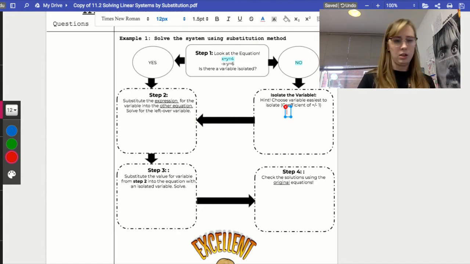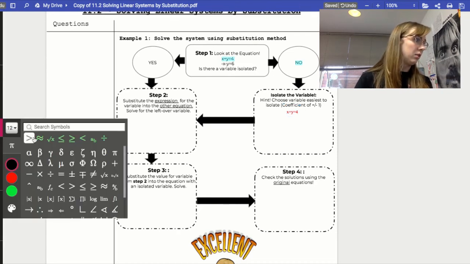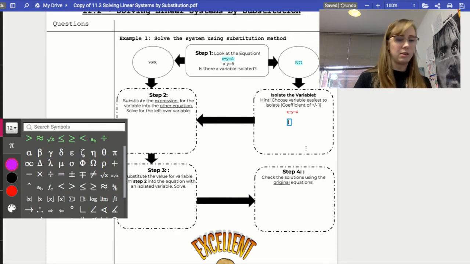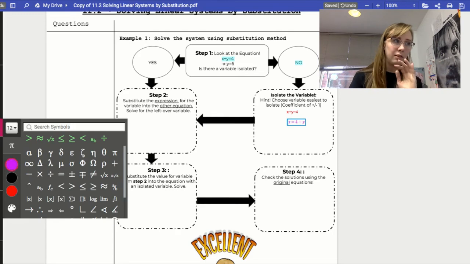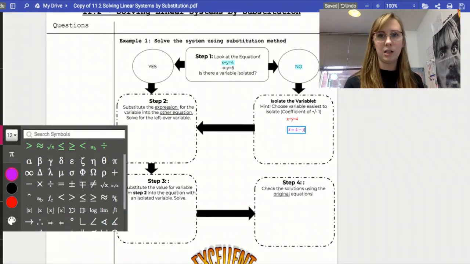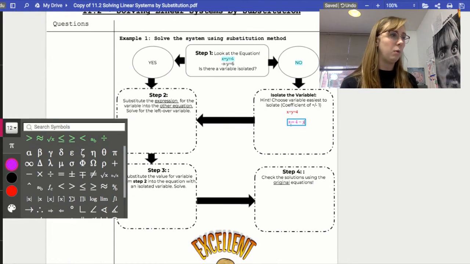So I have x plus y equals 4. I rearrange the equation to solve for x, and it becomes x equals 4 minus y. Because remember, to get the y to the right-hand side, I have to change the sign and subtract it. So if I subtract it over, I get x equals 4 minus y.